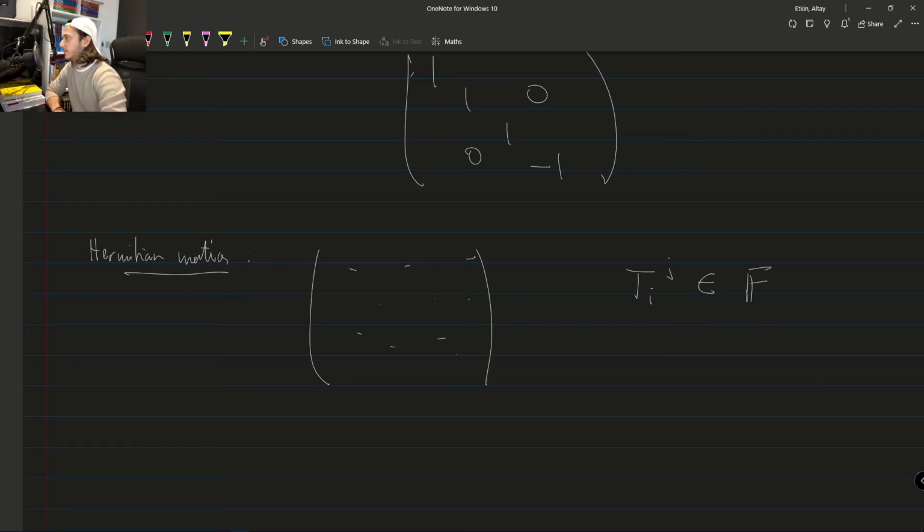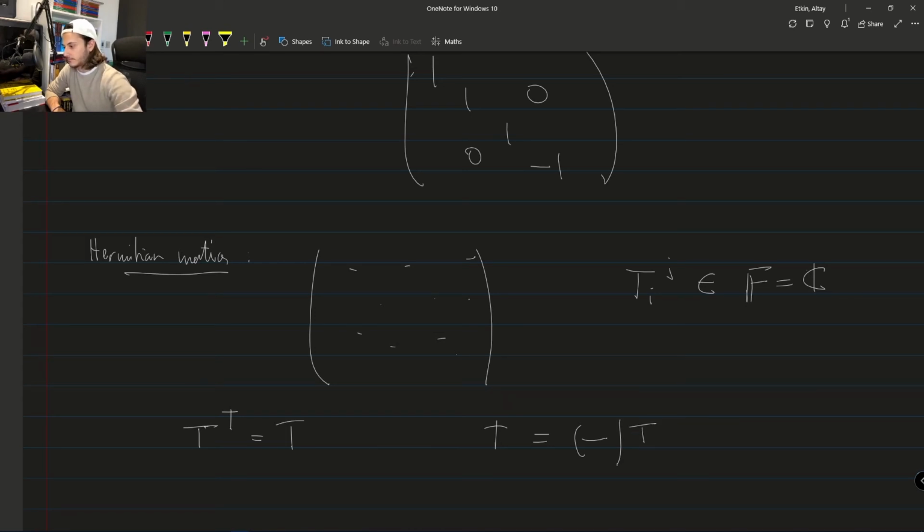And the point about that is that if it's over C, then a Hermitian matrix is the type of matrix where T dagger equals T. So what that dagger means is basically complex conjugation with a transpose.